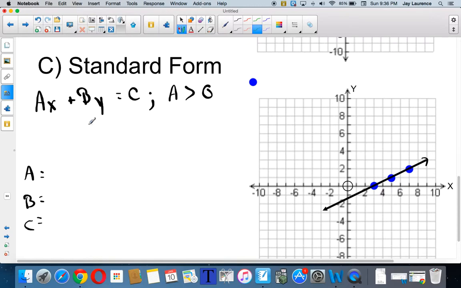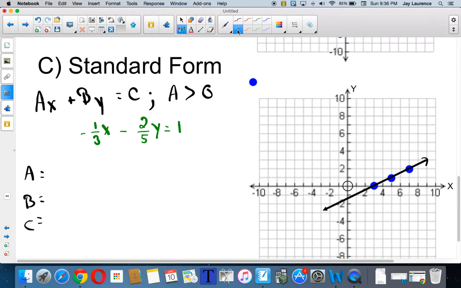Is going to be negative 1/3 x plus, let's go minus this time. Yeah, let's go with minus 2/5 y, and we're going to have that equal to, yeah, I guess we'll go 1. I think that'll work out okay.